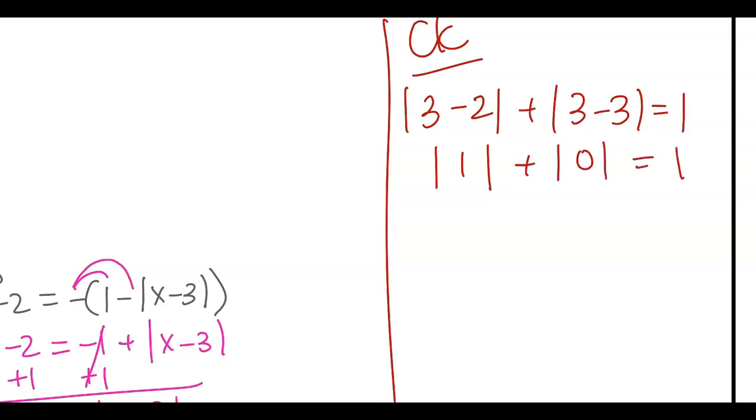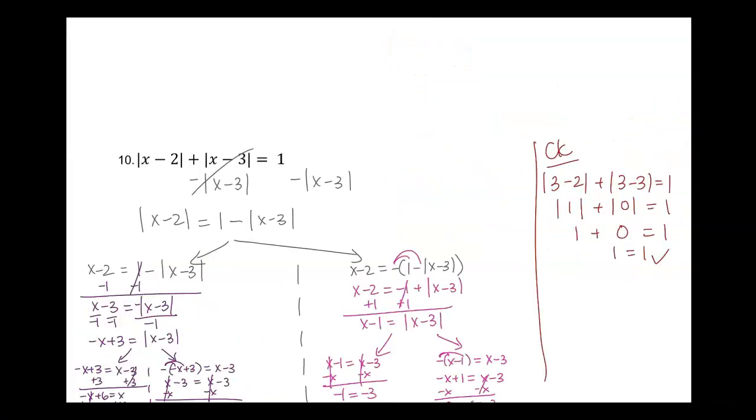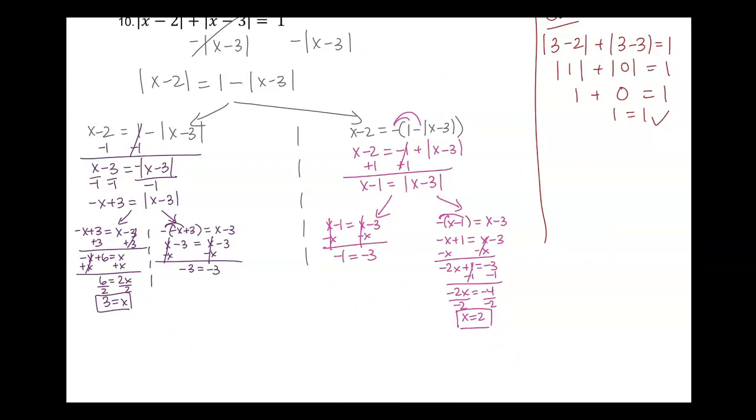Be careful. Does this mean that it's undefined? No, it just means that it's 0. So we really just have absolute value of 1 plus the absolute value of 0, which should equal 1. Well, 1 plus 0 is just 1. So that means x equals 3 over here is a solution.